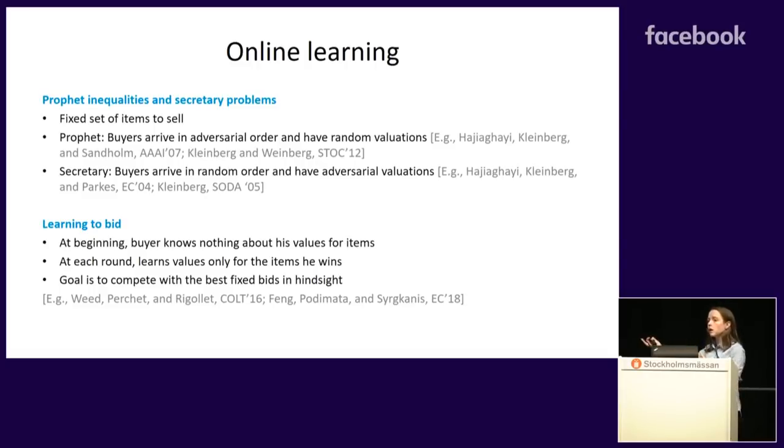So for example, in online advertising, maybe you don't know if a buyer is going to click on your ad, so you don't actually know what your value is for the opportunity to show that buyer an ad. So in learning to bid, you basically want to minimize regret, regret being the difference between your utility had you found the best bids to bid over the course of the entire auction, minus the utility you got when you used the bids you actually did use.